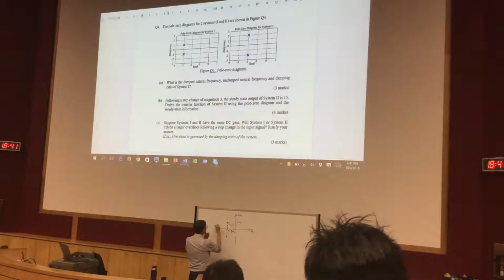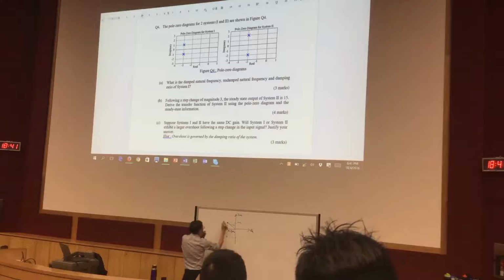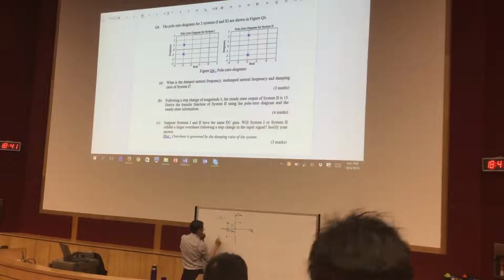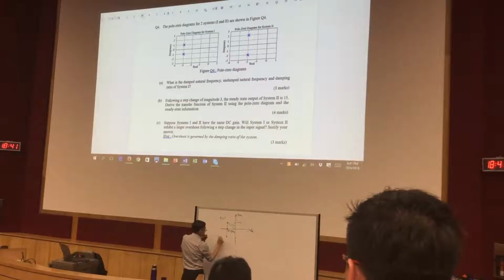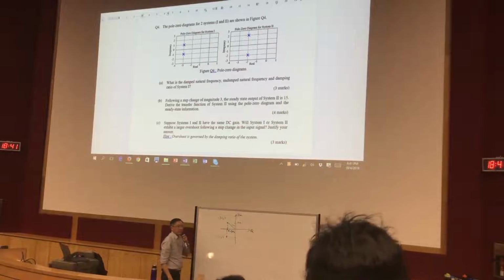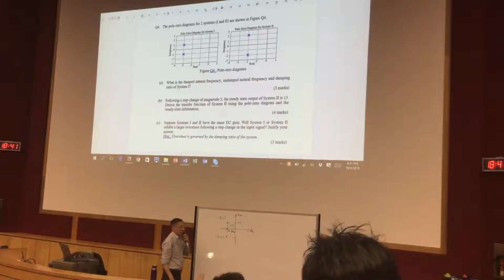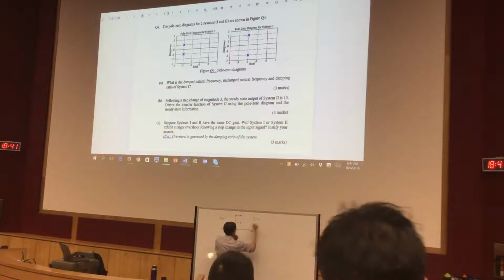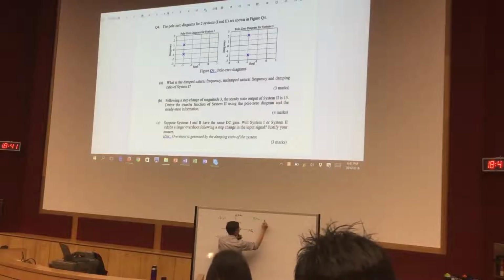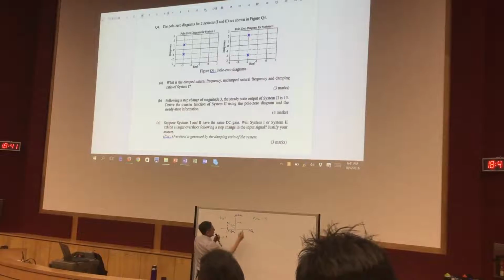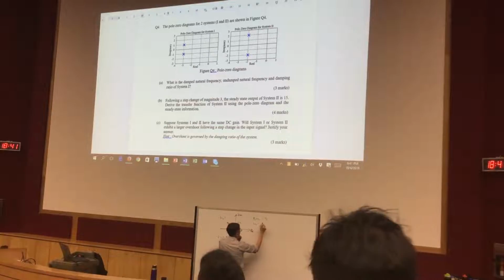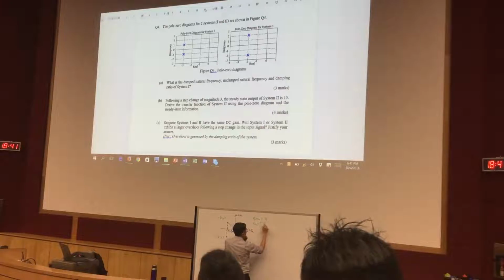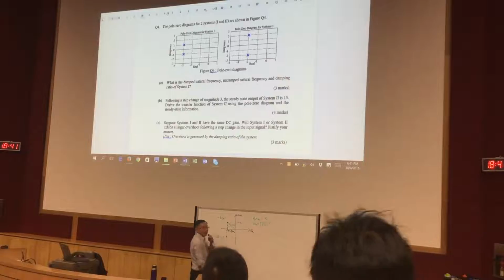Alright, so you're told the poles are -3 plus j1 and -3 minus j1. Okay, so that means zeta omega n is 3. Okay, omega n is the square root of 3 squared plus 1 squared, because this is 3, this is 1.